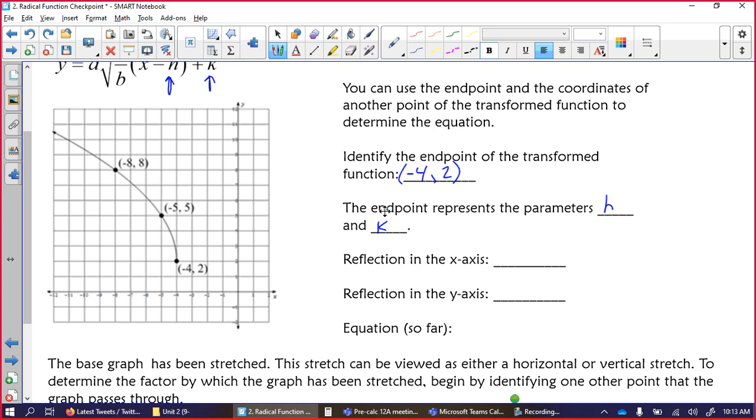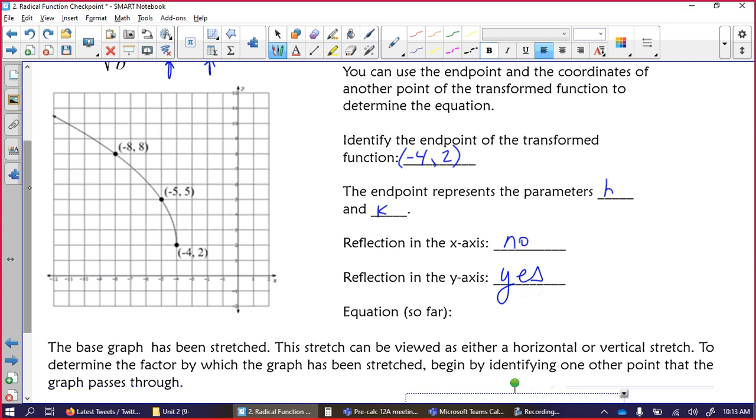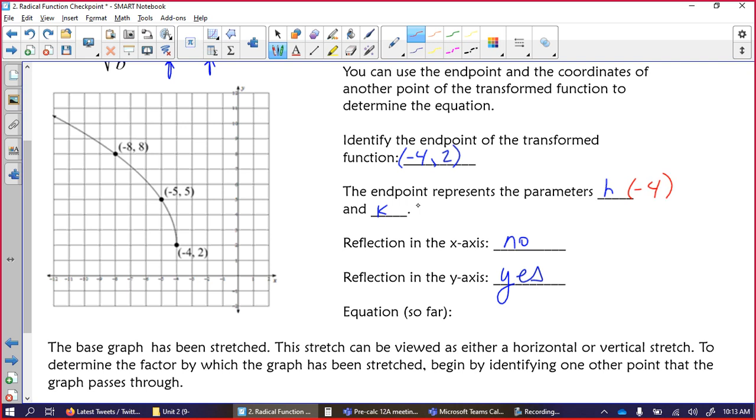Normally we're over here, so this looks like a reflection not in the X, but in the Y. So if it's a reflection in the Y, we're going to have a negative inside. So our H right now is negative 4.